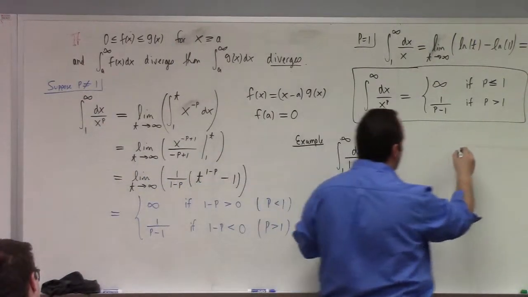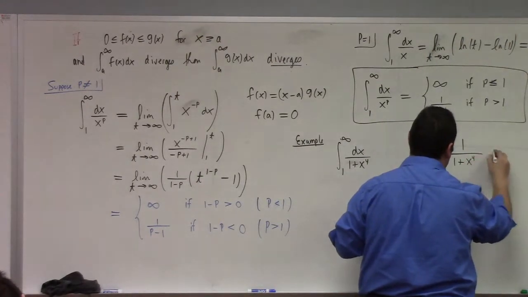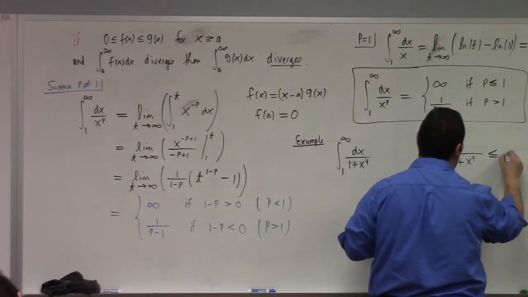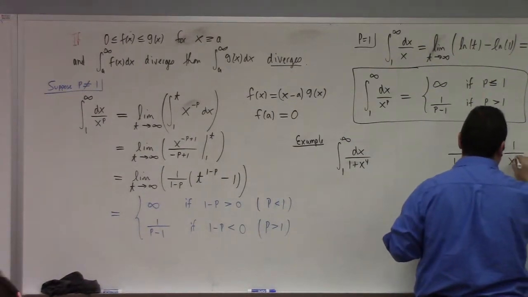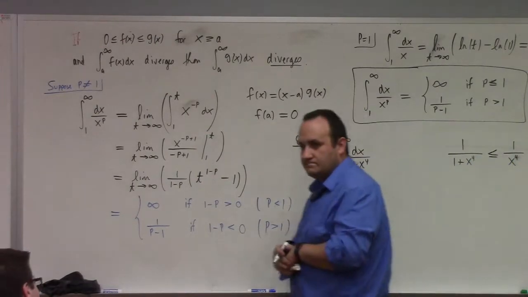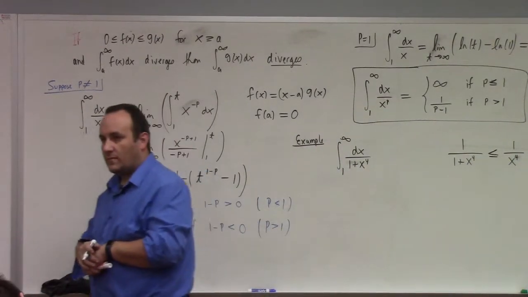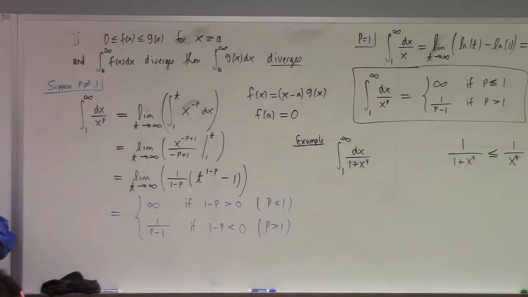Yes. 1 over 1 plus x to the fourth is what? This is less than or equal to 1 over x to the fourth for x greater than or equal to 1. I'm going to spend almost all of next class talking about this issue because you guys need to think long and hard about comparison of functions, all right?